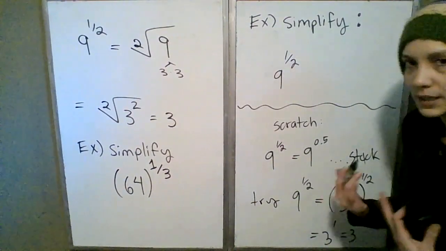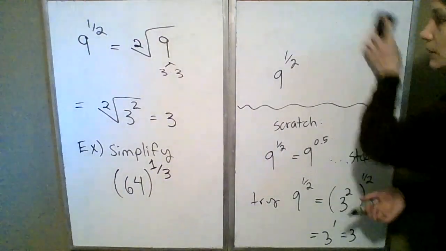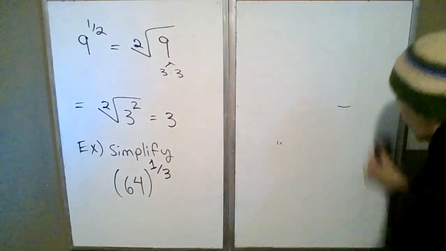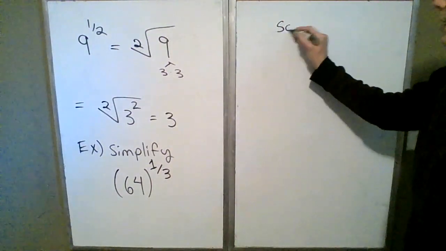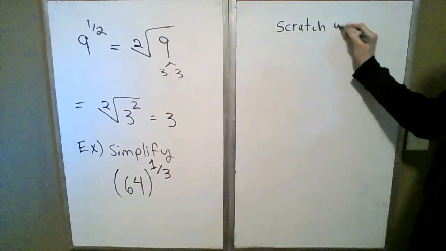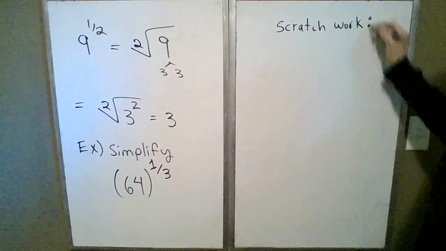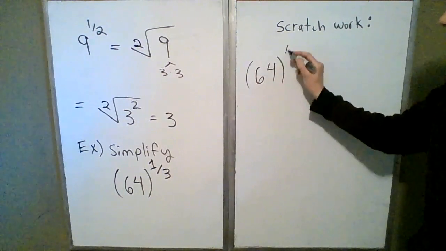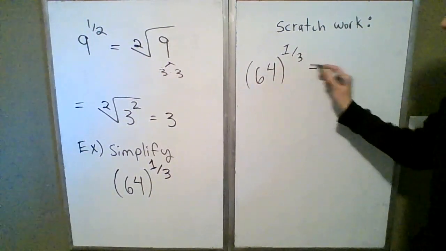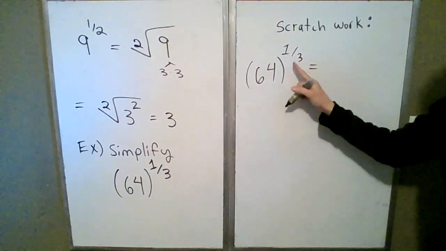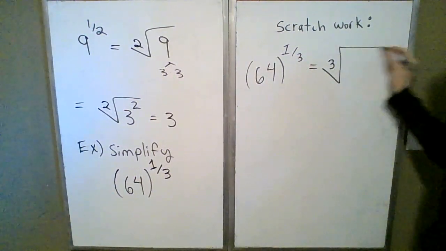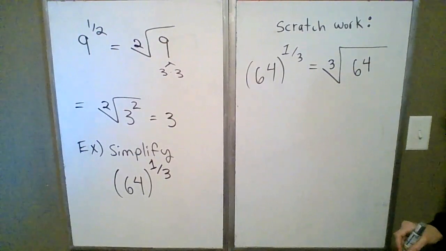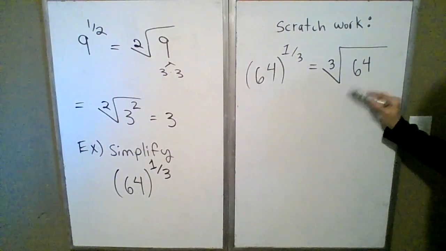I'll go through how I would solve the problem, but you could solve the problem in your own way, following the correct exponent rules, and get the same answer. So take the 64 with the 1/3 power and write this as a cubed root. So that denominator is your root, and what's under here is 64. And what I do is start to factor this.